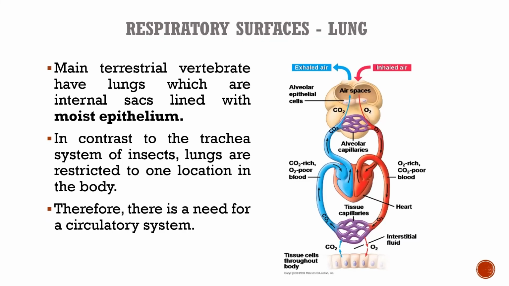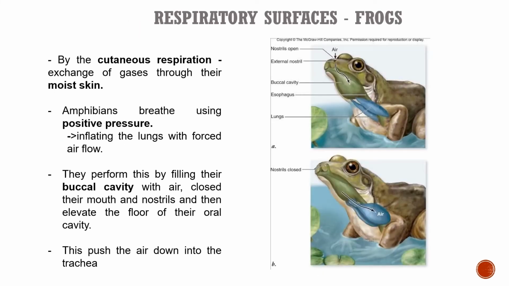Many terrestrial vertebrates have lungs, which are internal sacs lined with moist epithelium. In contrast to the trachea system of insects, lungs are restricted to one location in the body. Therefore, there is a need for a circulatory system. Frogs use cutaneous respiration, where gases are exchanged through moist skin.